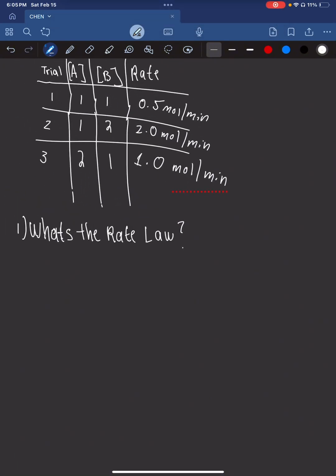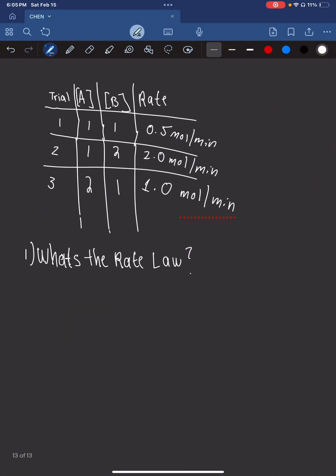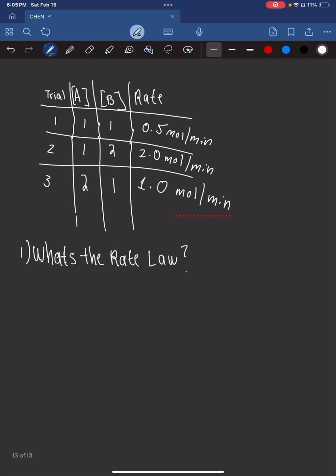So using what we just learned, let's try to find the rate law for each. Let's look at this. We see B ended up doubling, right? And when B doubled, what happened to the rate?